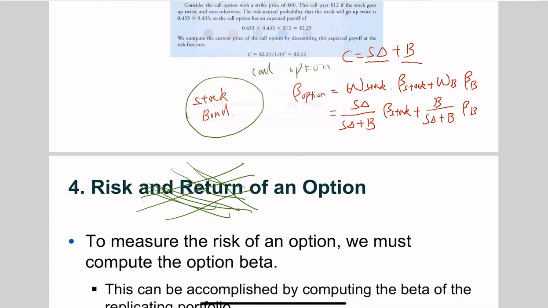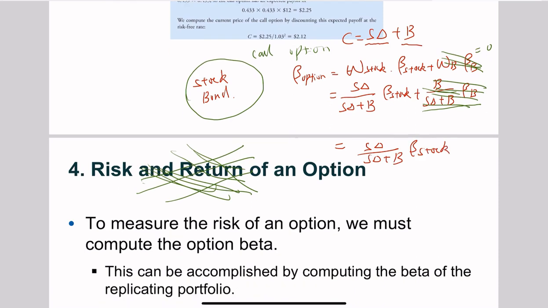We know that we're talking about risk-free bond here. So you can see that beta B is 0. That's why you can just remove this part. And now you will have a simpler life, right? So it's just S delta divided by S delta plus B, times beta of stock, right?